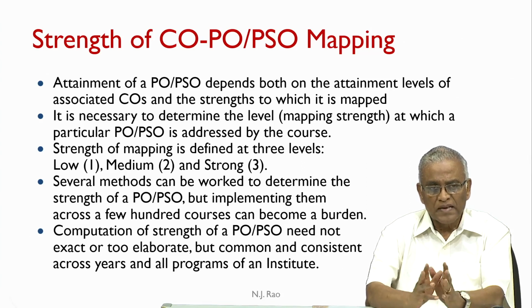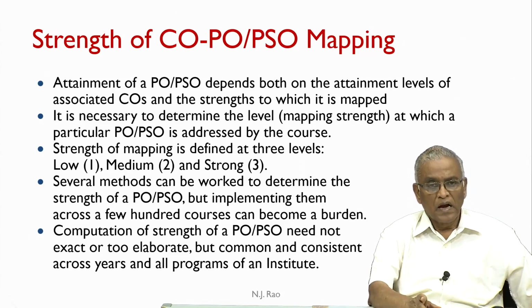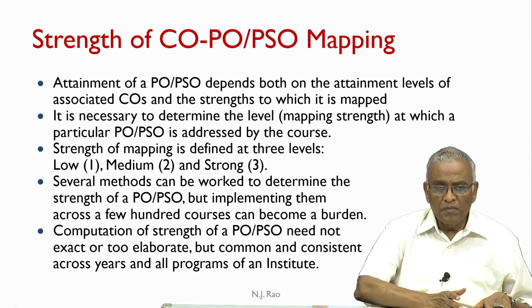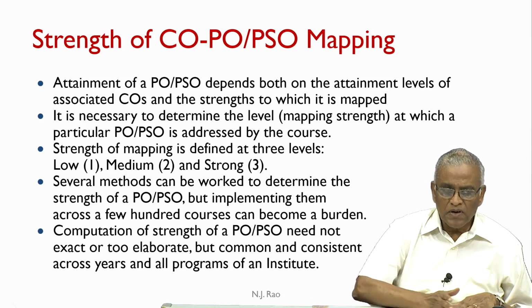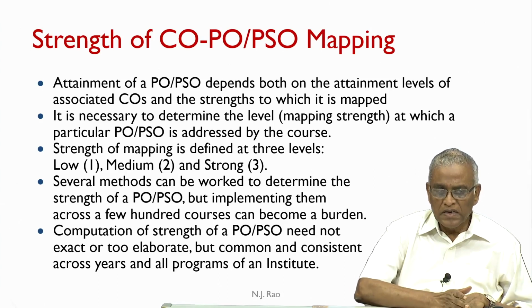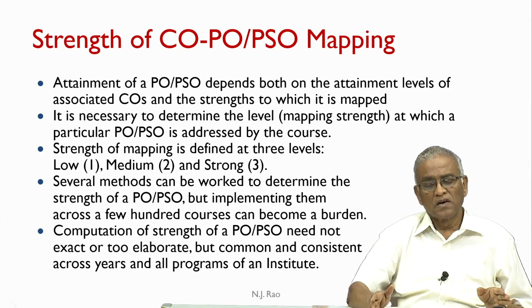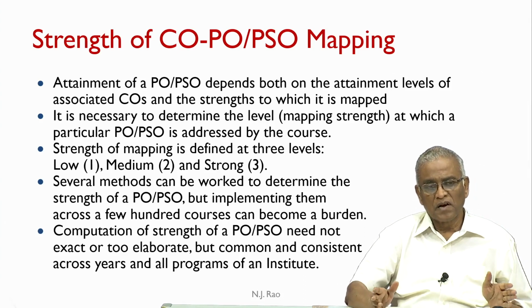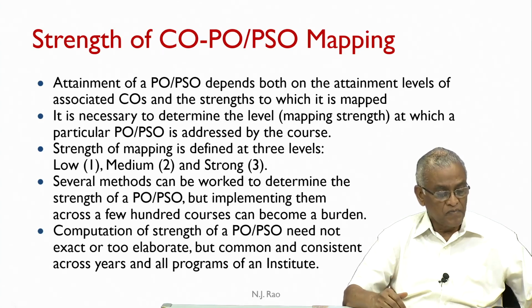You have to choose such a mechanism, and it should be the same across all programs and across all years of your computation. As we said, to demonstrate that you are continuously improving, you have to have at least 4 years of data.